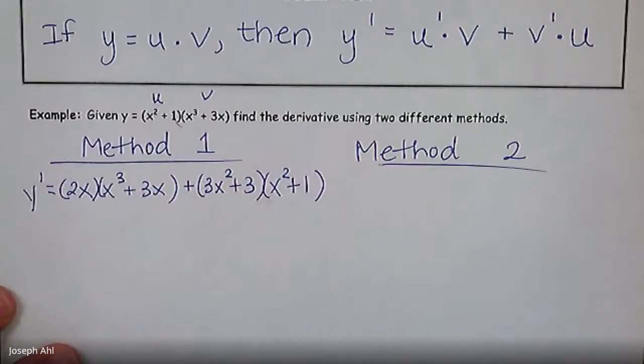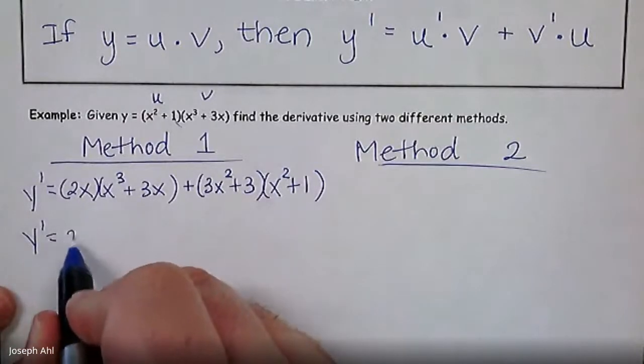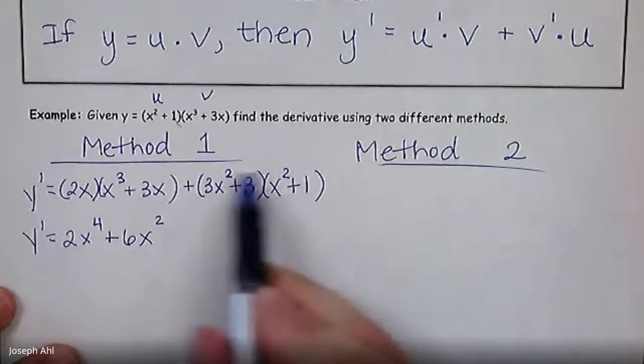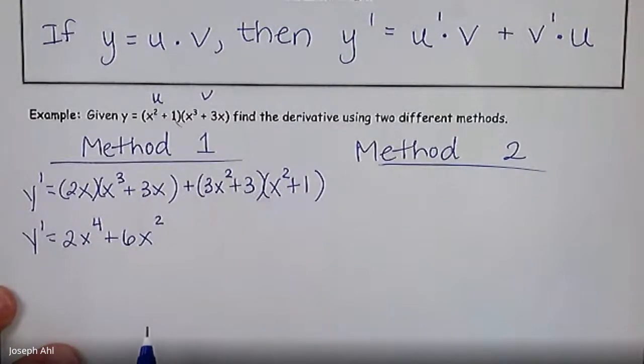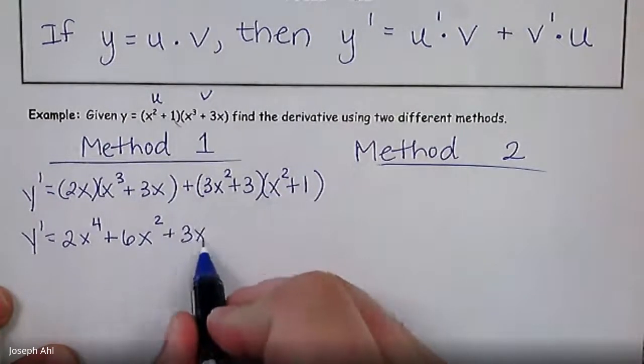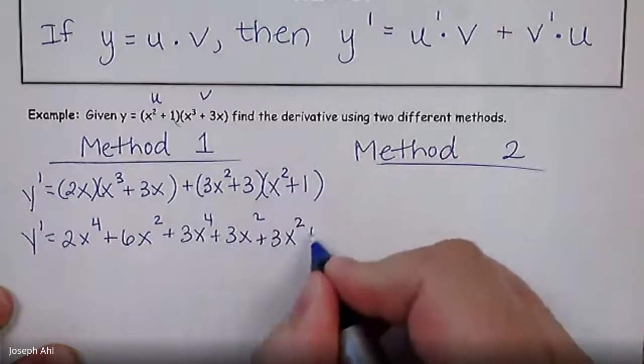We've got it. So then let's combine some like terms, do some distributing here. We're going to get a total of 2x to the 4th plus 6x squared. If I do some FOIL, or I don't know if you use the box method or anything like that, which would be fine, that's going to be plus another 3x to the 4th plus 3x squared plus another 3x squared plus 3.